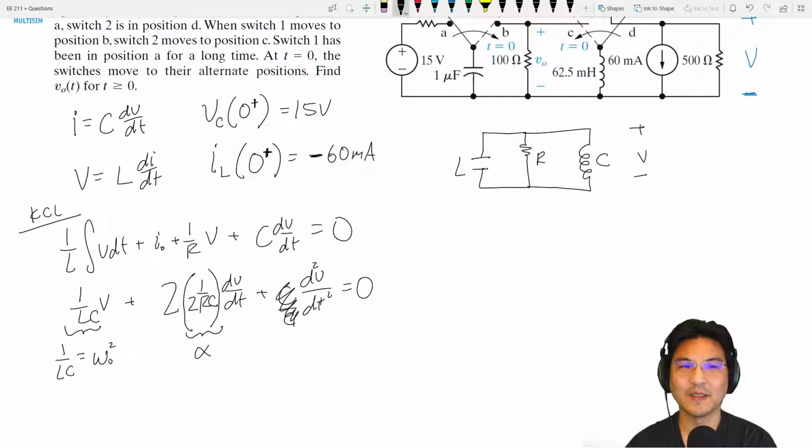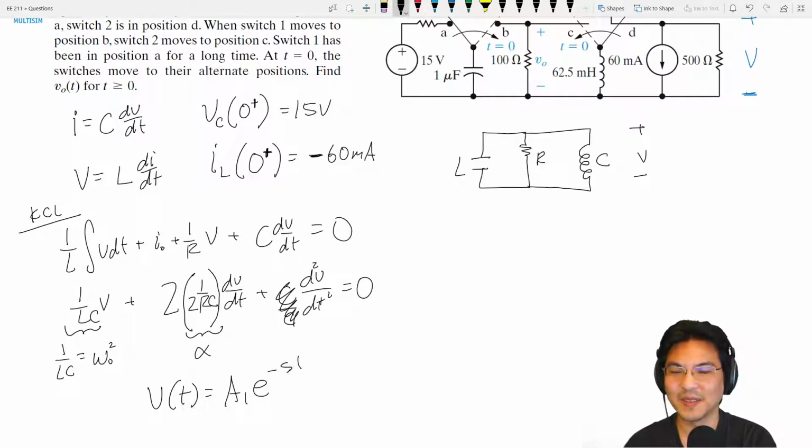Okay, and then I don't want to repeat the entire lesson, but we can just generally say the voltage looks like something like this, which there's going to be 2 terms.